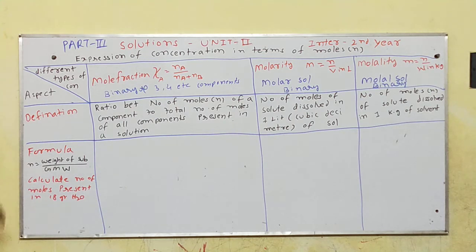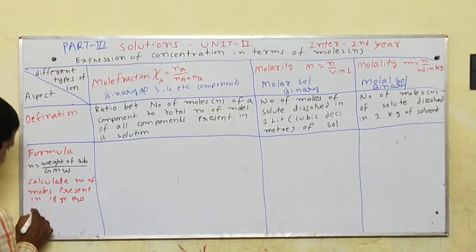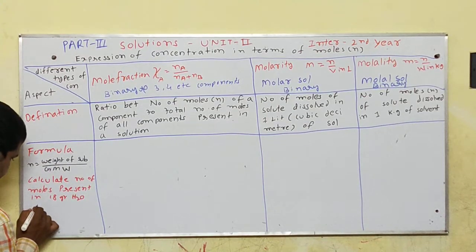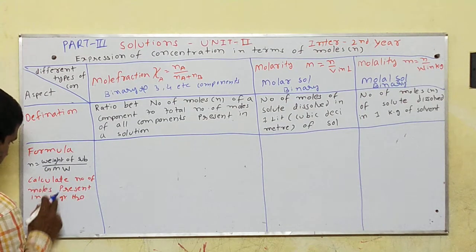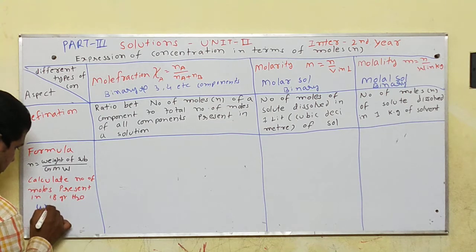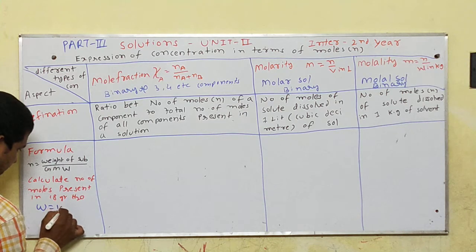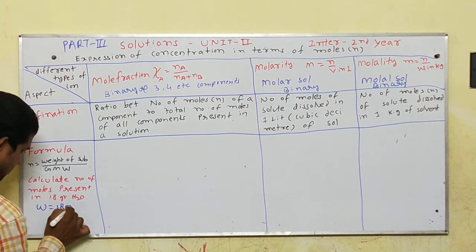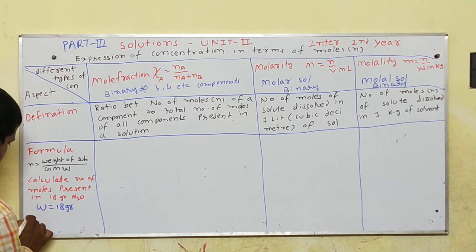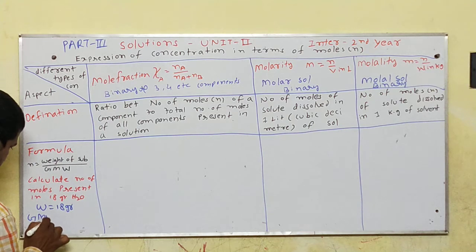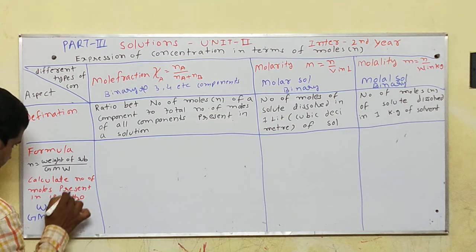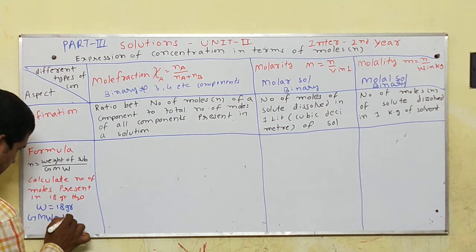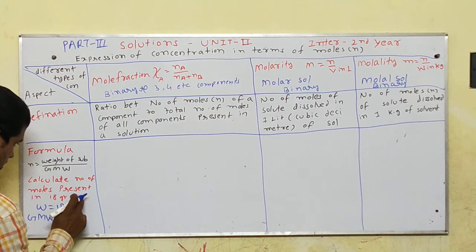As per the formula, W of water is 18 grams, as given. The GMW of water, the gram molecular weight of water, is 16 plus 2.